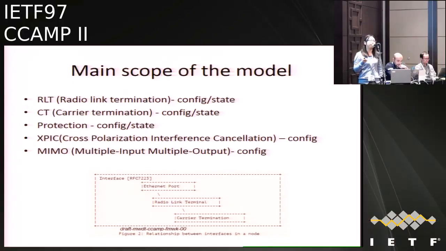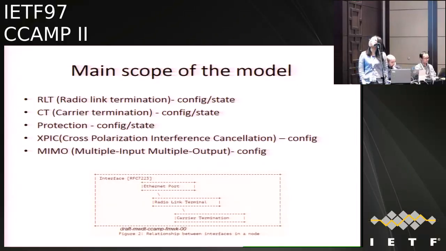It's a kind of radio group which is used to increase the capacity, I think mainly used to increase the system capacity. So that's the basic structure of this YANG model.